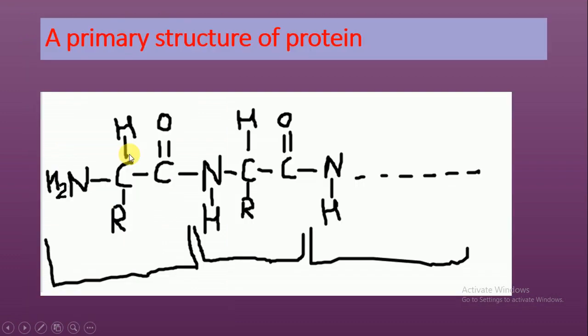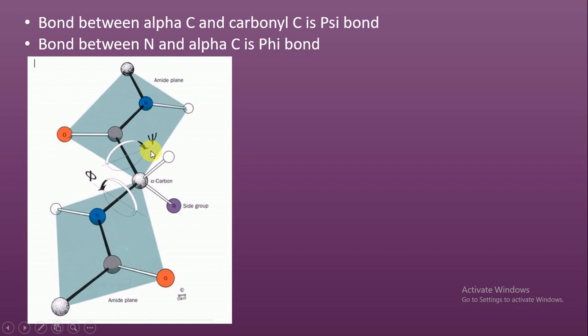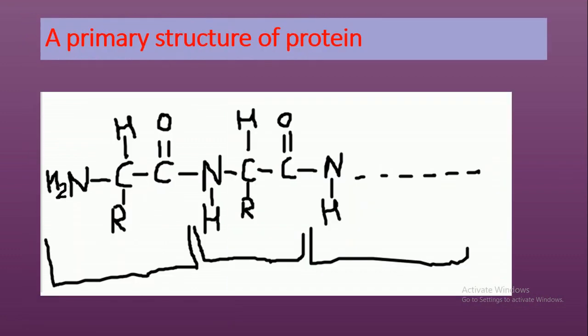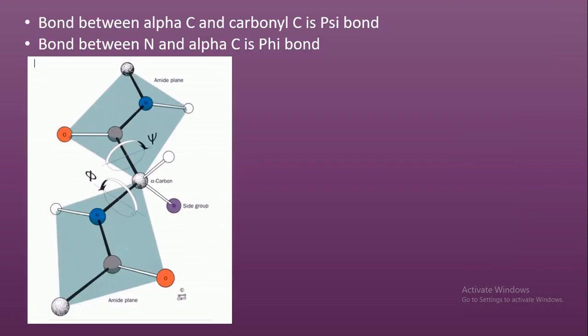In previous structure you can see here this is alpha carbon and this is carbonyl carbon. The bond between this alpha carbon and carbonyl carbon, this bond is your Psi bond, and the bond between nitrogen and alpha carbon is Phi bond.